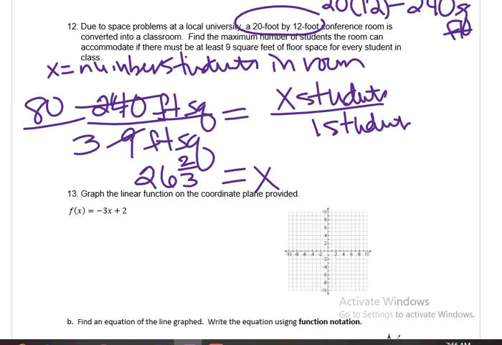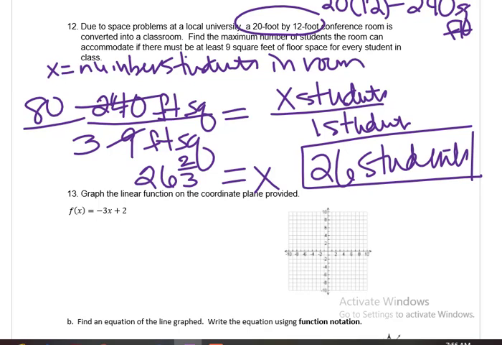So 80 divided by 3 is 26 and 2/3. If you need to, do the long division on your own. Now, when we're talking about students, we're not going to talk about 2/3 of a student. That just sounds weird, right? So our answer is 26 students. And you can make the answer longer: 26 students are allowed in the room if you want.